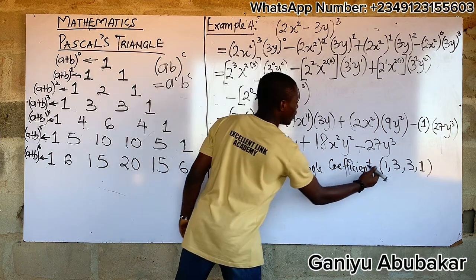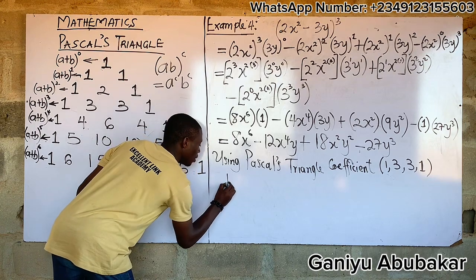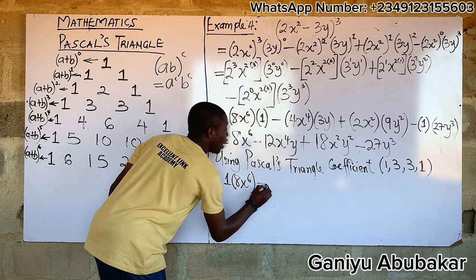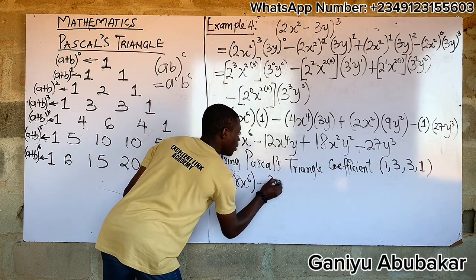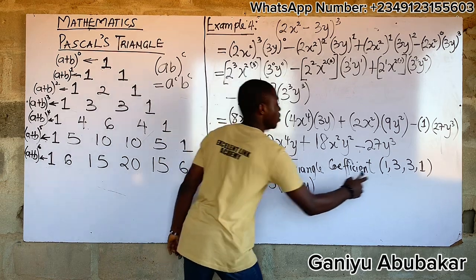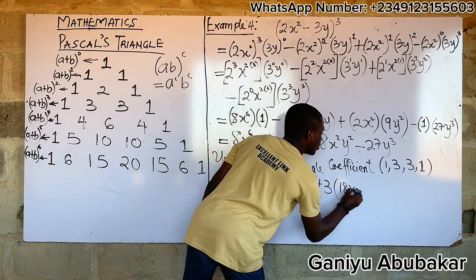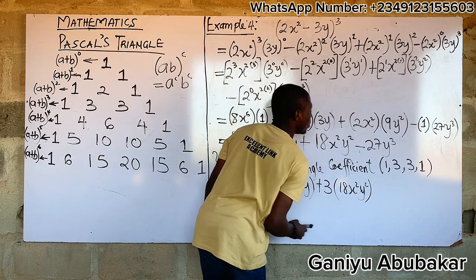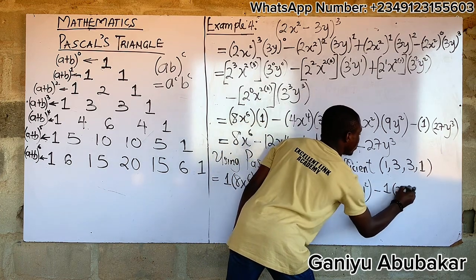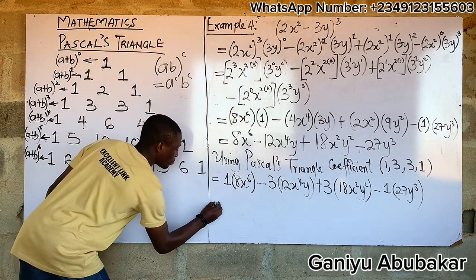So what do we get as our answer? We said multiply each of them by this term there. Start with 1. This 1 here is this 1 here into 8x to power 6 minus this is 3 becomes 3 into 12x to power 4y. I have this one. This 3 becomes a plus 3 into 18x squared y squared minus this 1 into 27y cube. Expanding through, what do I get?